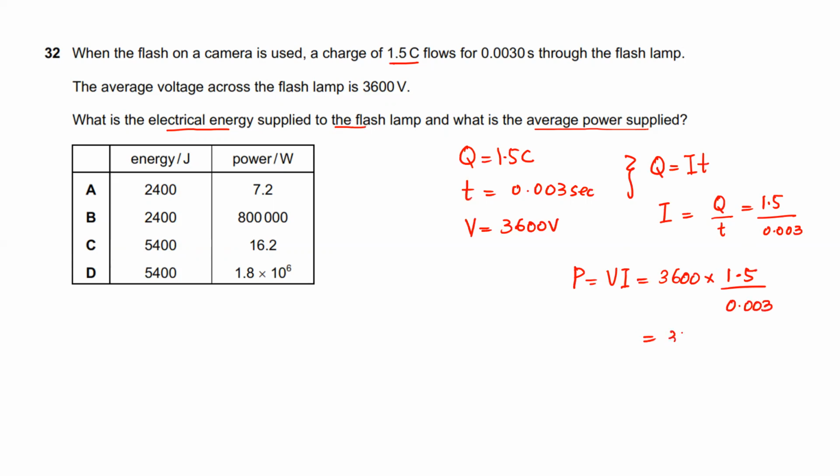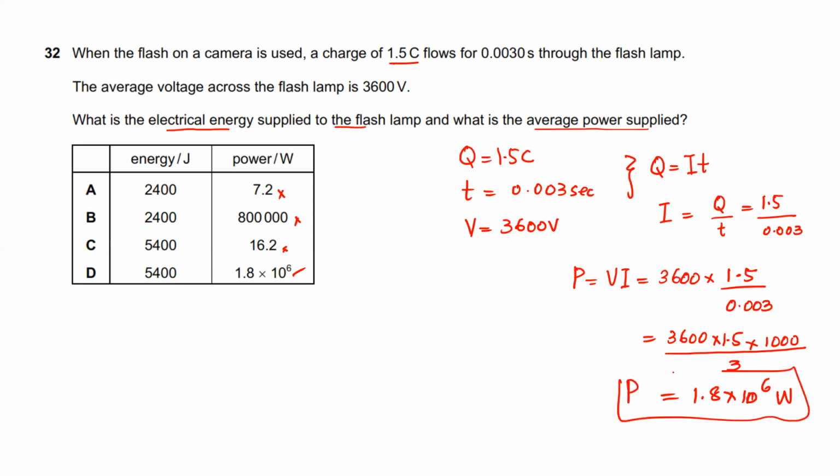And if we multiply it, 3600 multiplied by 1.5 multiplied by 1000 and divided by 3, this comes out to be 1.8 times 10 to the power 6 watts. Okay. So only one option has this term, so we can easily say that these three are not. Even if you have calculated one of the values properly in such a question, you don't have to calculate the rest. But anyways, let's try it.